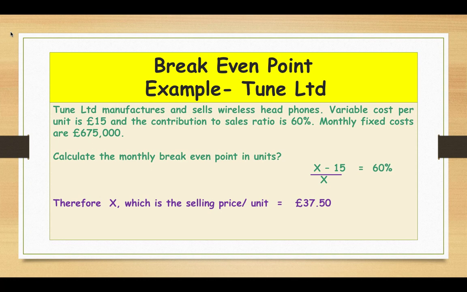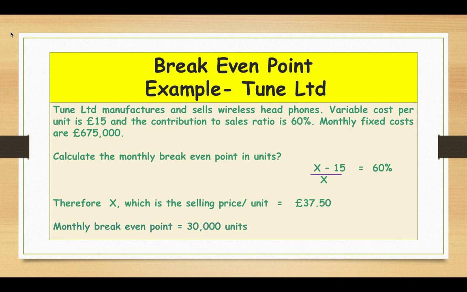Okay, so that is the contribution per unit, divided by our X, which is the selling price, equal to 60%. So now we can calculate the selling price, which is our X. So the selling price is £37.5, because if you solve that formula, you will get the selling price is 37.5.